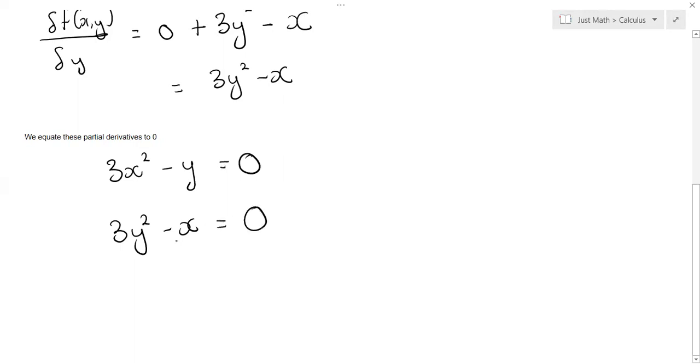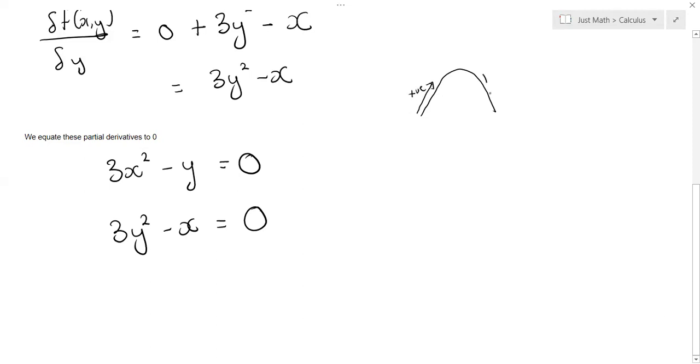But why do we do this? Because at a critical point, there's no change. Let's say you have a maximum point. Let me just draw one like this. I'm going up and I'm going down. You can see this is going up, so this is positive.